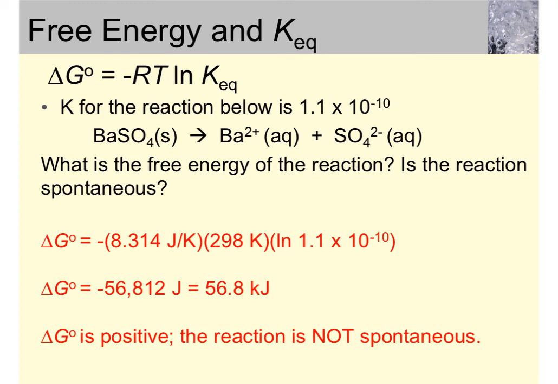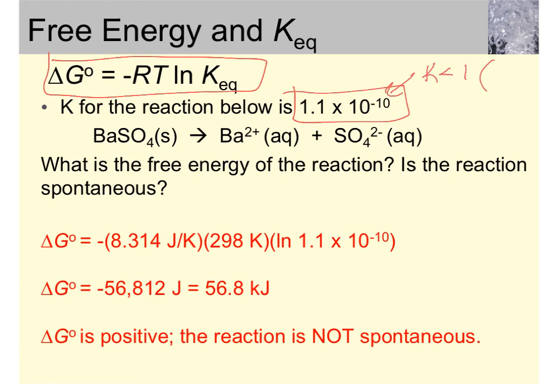So here's an example, just to use this formula. In this problem, you're given the value for K. The first thing you should notice is K is very small, right? It's less than 1. So reactants are favored, and products are not favored.